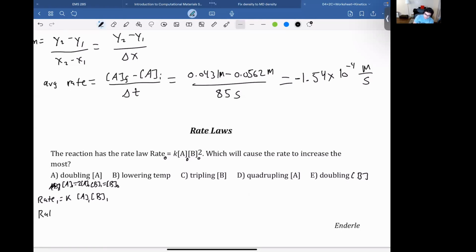So when I plug this in, I get K times 2 times my initial concentration of A times the initial concentration of B. You can move the 2 out like this. And I forgot a square here. My bad.